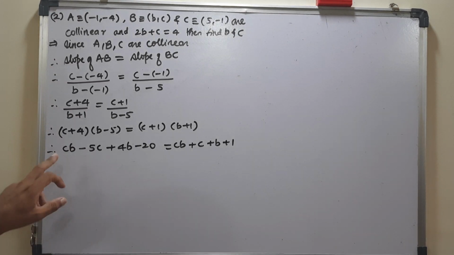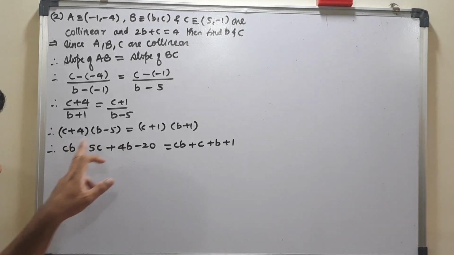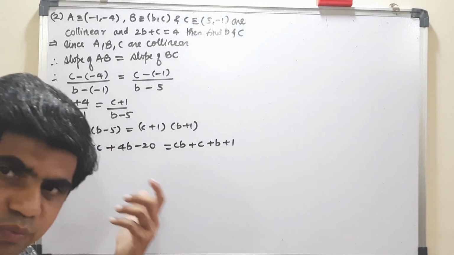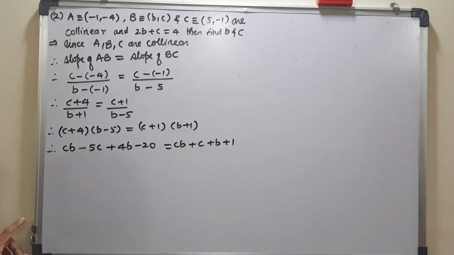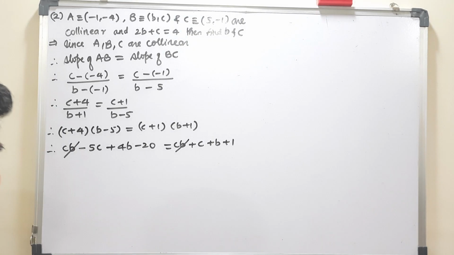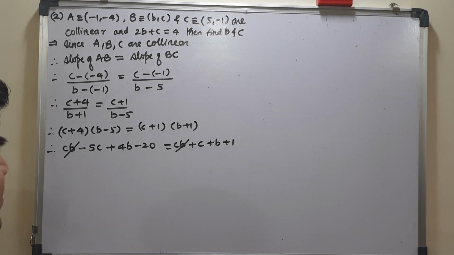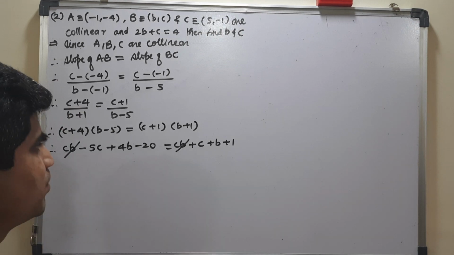Now when I shift this CB to this side, obviously this will become negative, so this will go. And I will be shifting this B and C to make it positive.